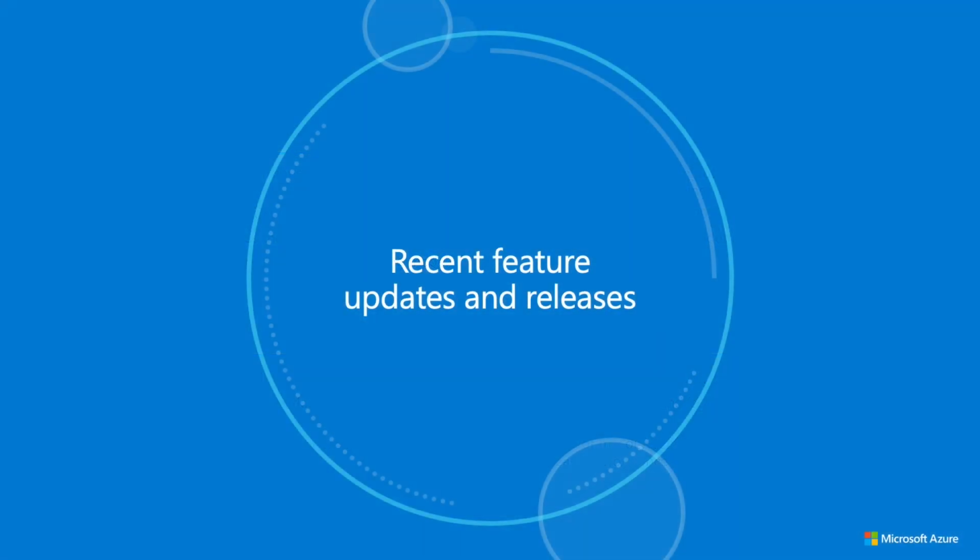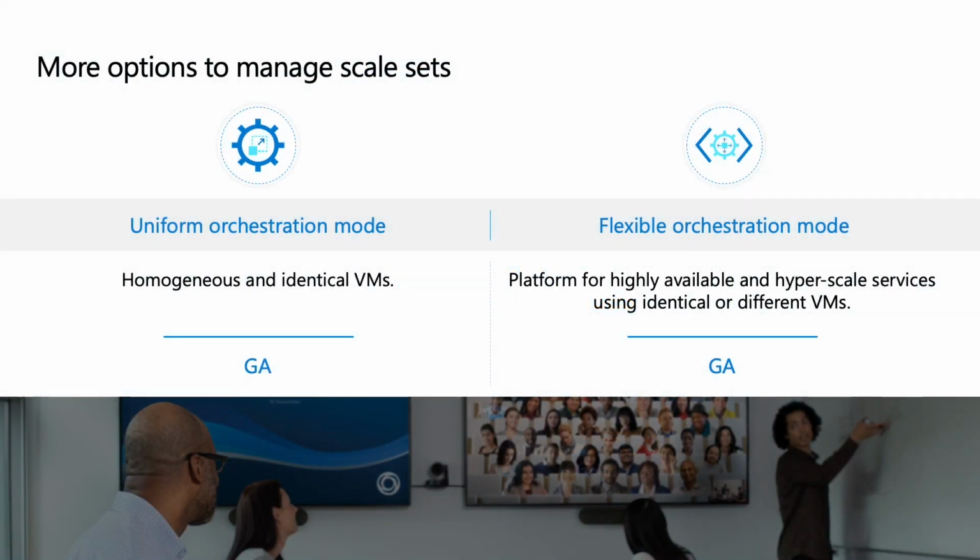So now let's dive into some of the recent features and updates that we've done on scale sets. As I talked about, flexible orchestration mode and uniform orchestration mode. So let me talk a little bit about those. The VMSS that you know today, or that is available as GA in the market, we are naming that as uniform orchestration mode.